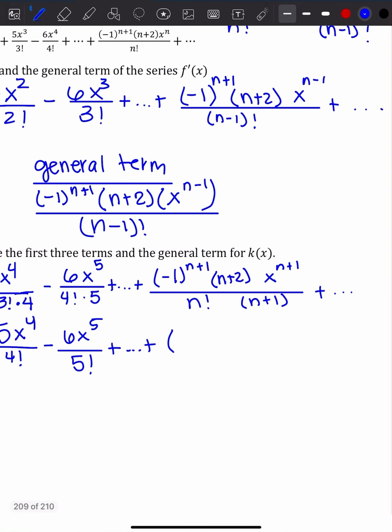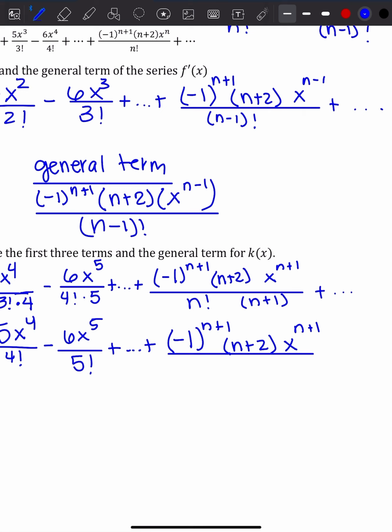Okay, our negative 1 to the n plus 1 is that sign changing, so that's going to stay there. We didn't change anything with the coefficient that was already there, so the 3, the 2, the 5, and the 6. So n plus 2 stays the same. We even keep x to the n plus 1 because we don't have any other x's to multiply with it or divide with it.